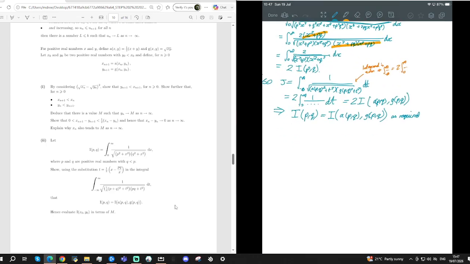Okay, so we now want I(x naught, y naught). Well, that's equal to, by the statement directly above, I(a(x naught, y naught), g(x naught, y naught)), but that's exactly x1 and y1, which equals I(xn, yn), by repeatedly applying that statement, which tends towards the limit.